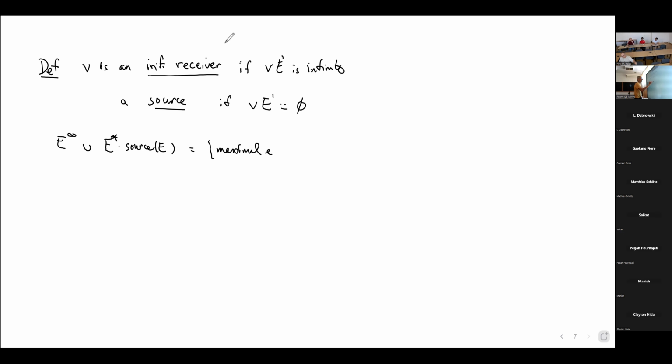Or the elements of E^∞ union E^*. So the boundary of E we define to be the closure of this set, E^∞ and E^* times source E, closure.